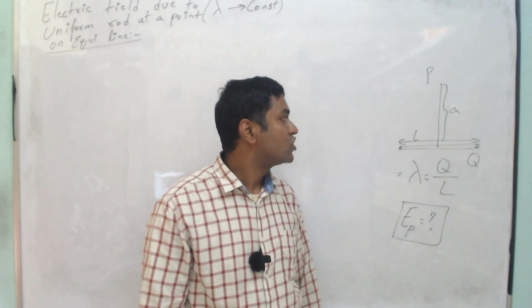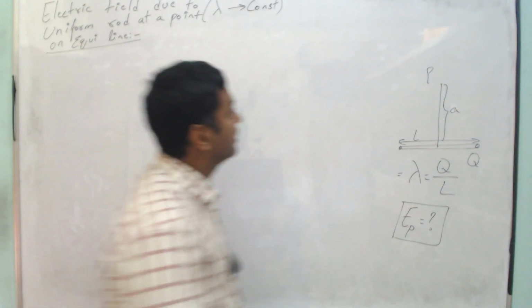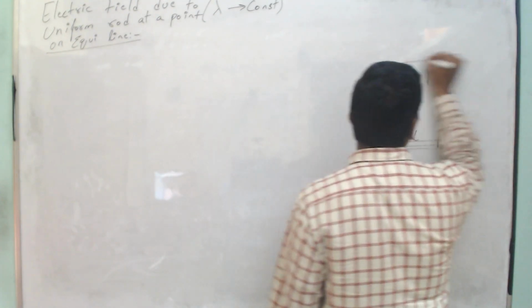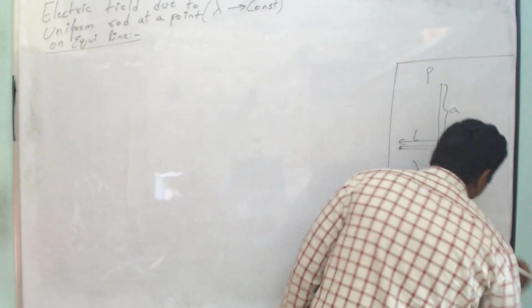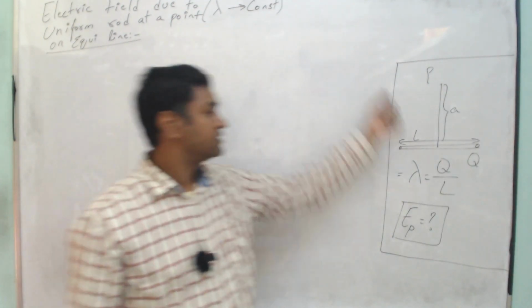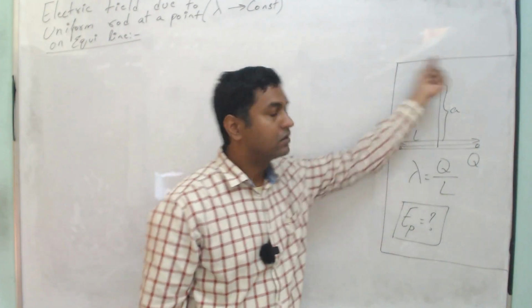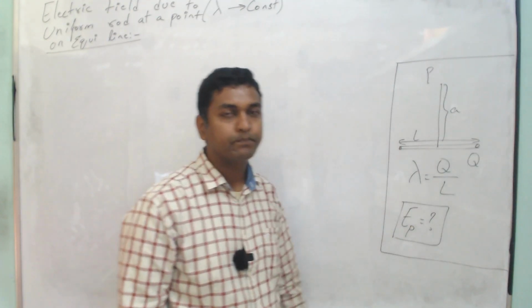Now how do I start? What I will do is I will draw another figure. So this is the question part of it. This is the given information and this is the question part of it, that we need to find the electric field at a point P.